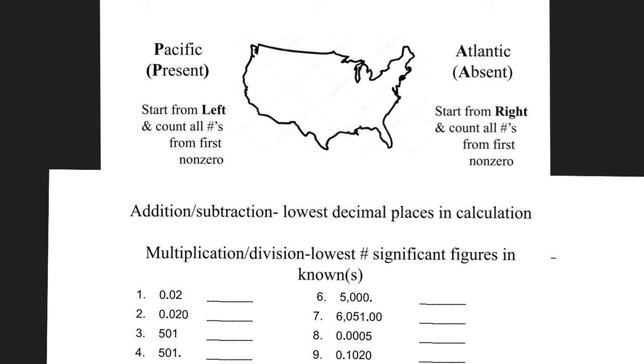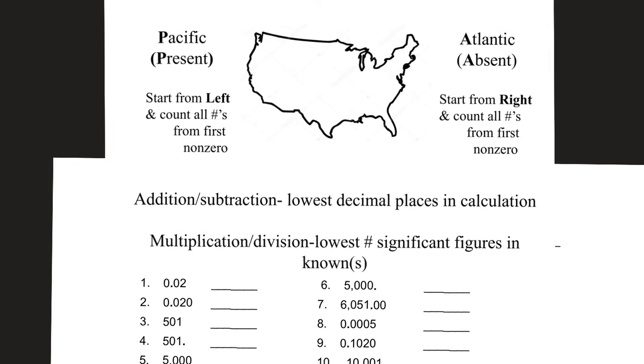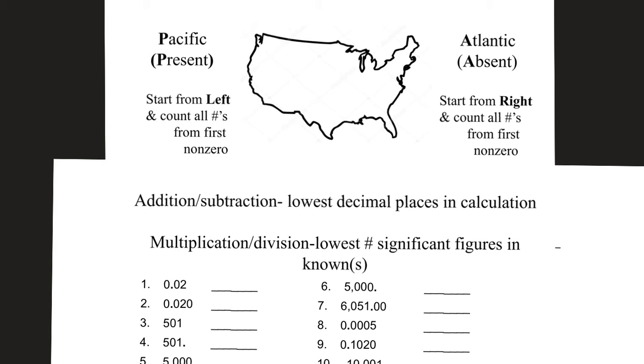So now I'm going to do some of these problems that are down below here, and we're not going to have to worry about writing the number into our picture, but we'll still use the picture. So in this example, I've got 0.02. The decimal is present, so I'm going to start from the Pacific side of my number, and I'm going to go till I hit my first non-zero number, which would be the 2.